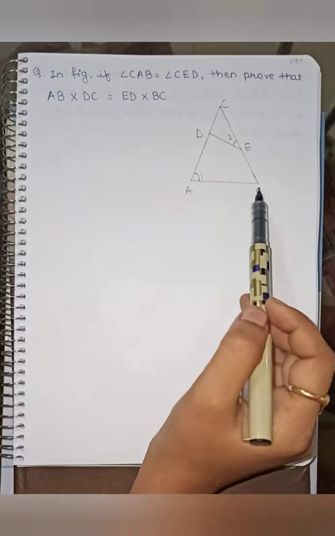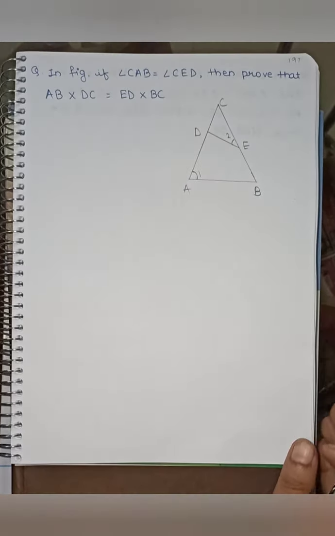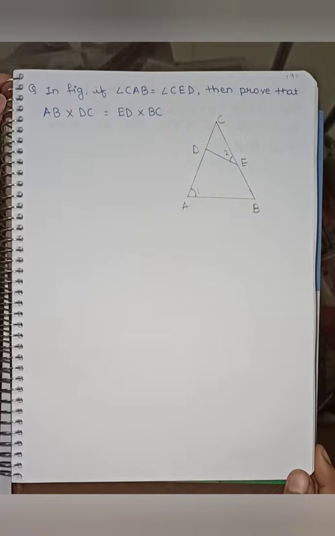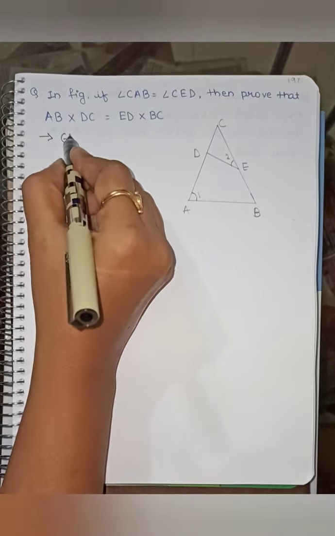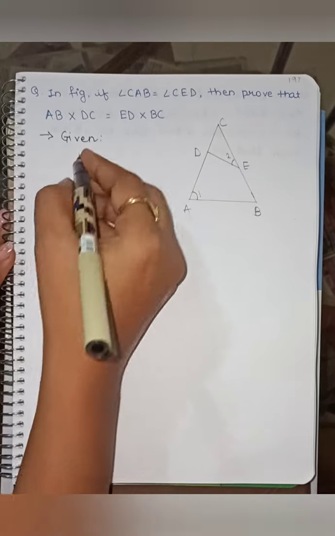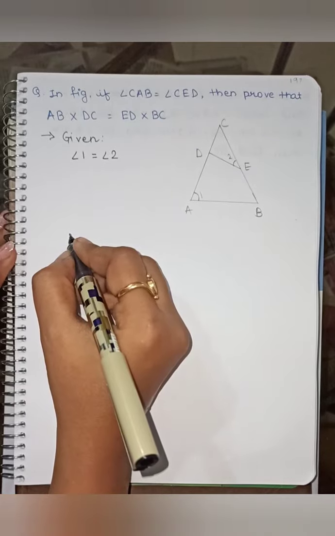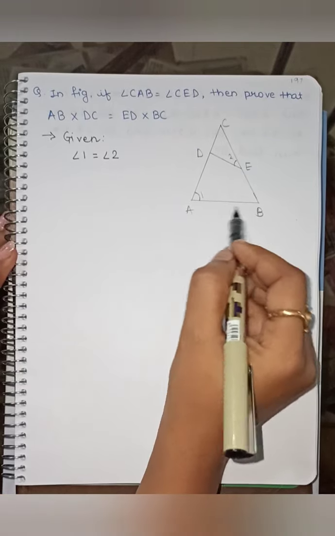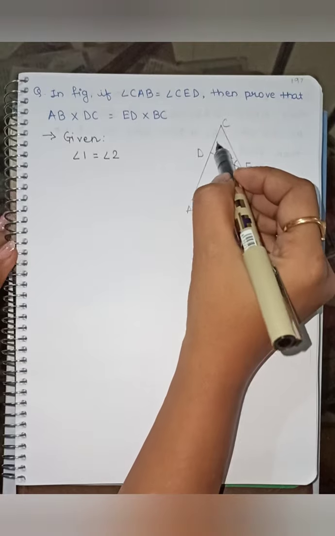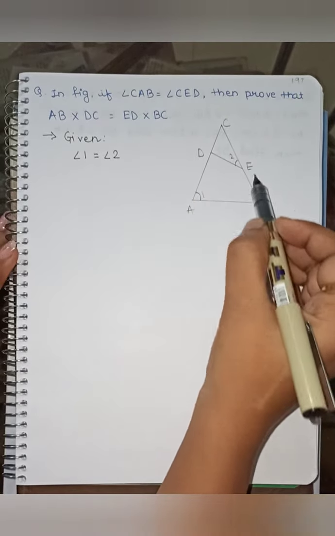Next question, again on similarity. In the figure, angle CAB, I have named it as angle 1, is equal to angle CED, that is angle 2. So that is your given, which says angle 1 is equal to angle 2. Further, you have to prove AB into DC is equal to ED into BC.